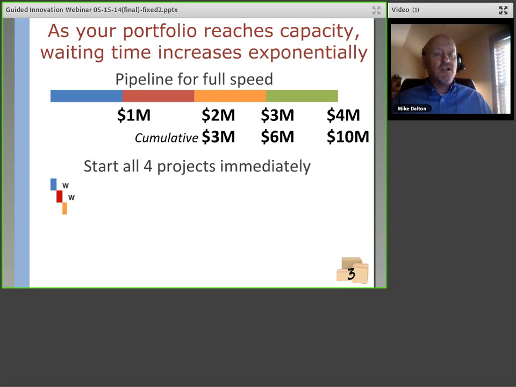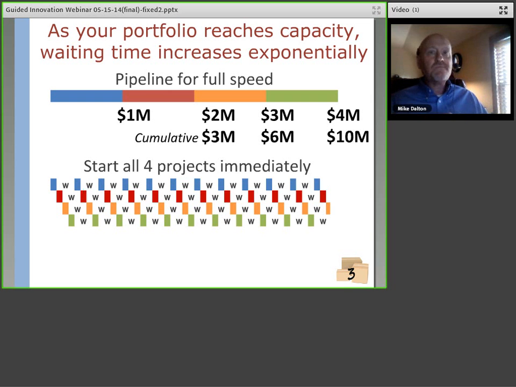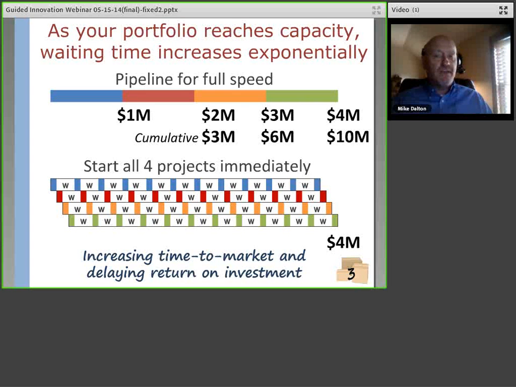Then let's take a look at what happens if we start all 4 projects immediately. Well, what typically happens is we work a little bit on the blue, then we wait, then we work a little on the red, wait, orange, wait, green, wait. And we do that throughout the life of the project. It wouldn't look nearly this neat. It'd be a lot messier. But basically, all 4 projects still finish at the end of the year, but none of them has been able to generate cash flow throughout that year.